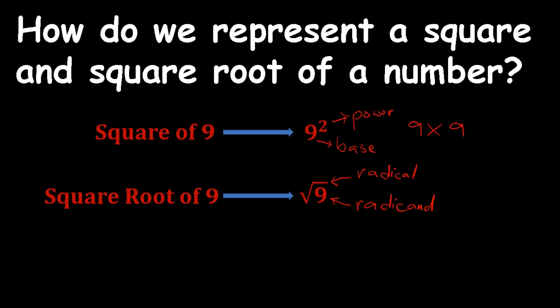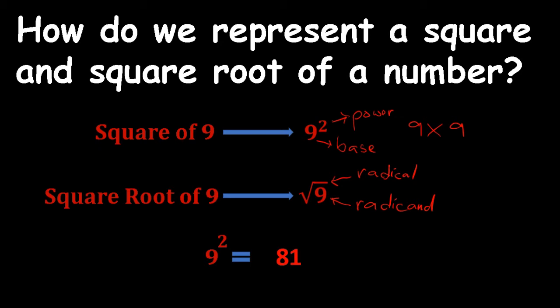To help you understand better the relation of the square and the square root of a number, let us take this example. We know that the square of 9 is equal to 81.